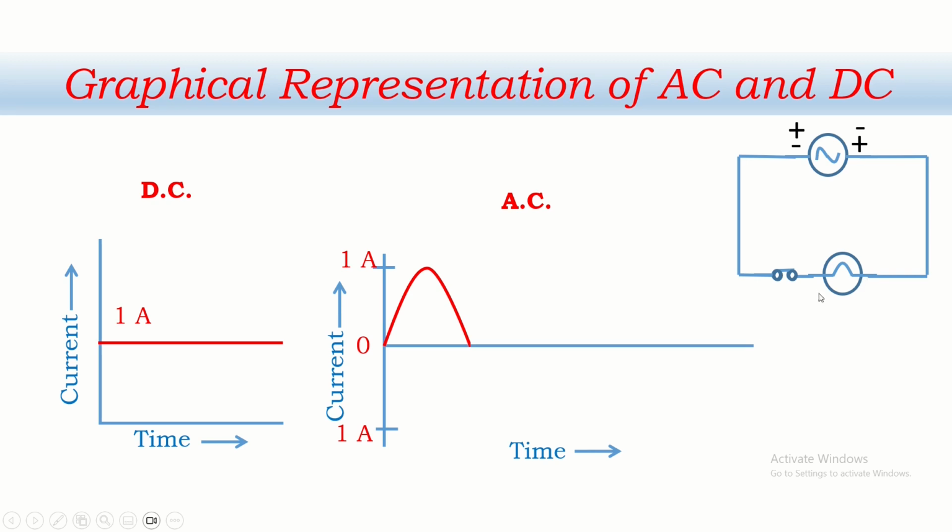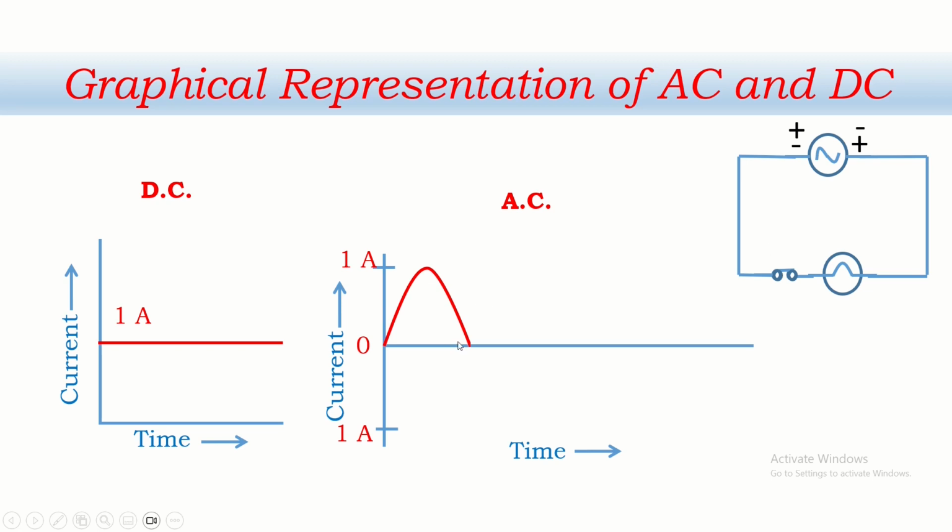It keeps on increasing, and a maximum of 1 ampere passes through this bulb. And when it leaves the bulb, its value goes on decreasing: 0.9, 0.8, 0.7. At last the bulb doesn't get any current at all, the value becomes 0 and current reaches this terminal. This way, within a fraction of a second, the polarity of current keeps on changing. It happens many times a second.